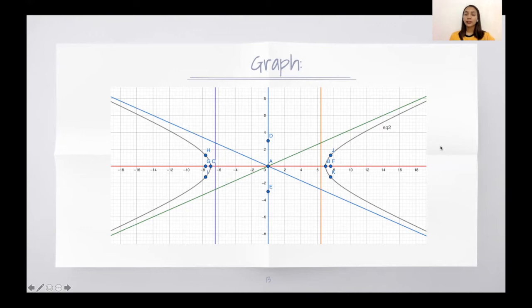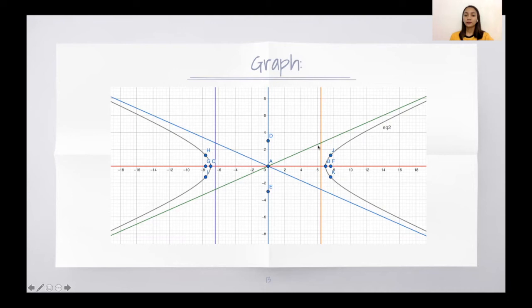Kapag vertical naman, upward and downward. So since horizontal ito, left side and right side yung branches ng hyperbola. So as you can see, ito yung foci. Nandito si foci. Okay? Ito, si vertices. Ito yung apat na endpoints ng lateral recta. That's why 4 ang endpoints ng lateral recta na hinahanap natin.